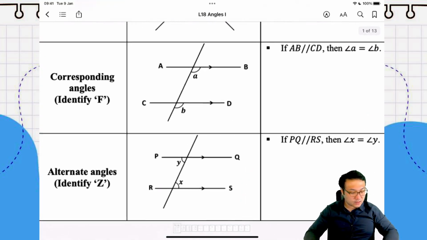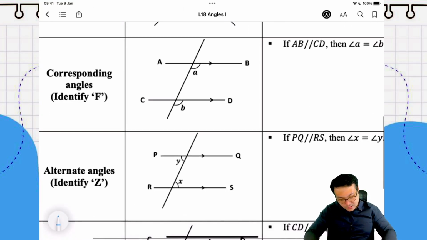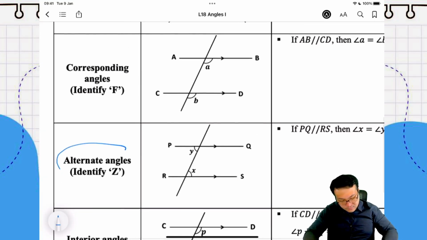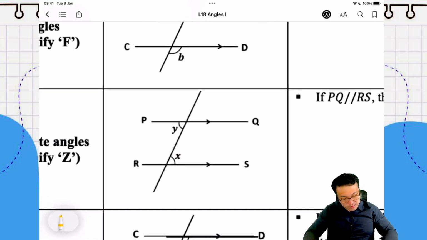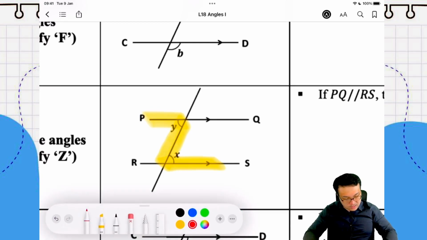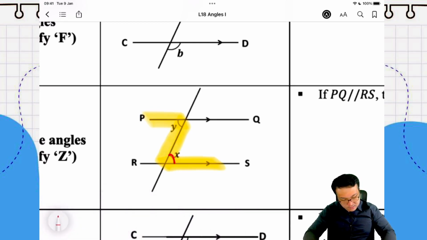Now, what are the rules involving parallel lines? You have corresponding angles, that means this angle equals this angle because there are two parallel lines over there. And you are also talking about alternate angles. That means this angle equals this angle. For alternate angles, I like to draw a letter Z. The angles inside the letter Z, this angle and this angle, are the same whenever you have parallel lines.